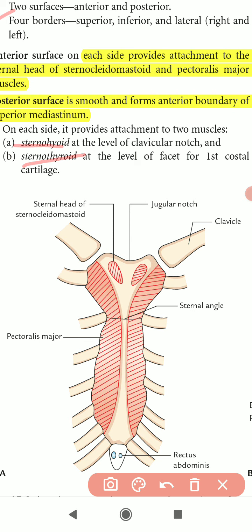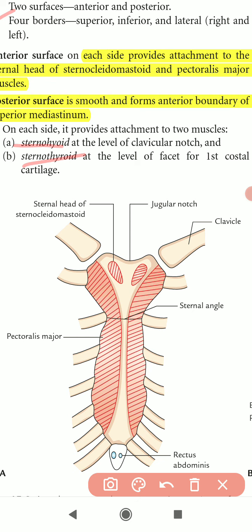One is sternocleidomastoid on each side, and most laterally you will find the pectoralis major muscle. Sternocleidomastoid lies medially and pectoralis major lies laterally on the anterior surface of the manubrium sterni.